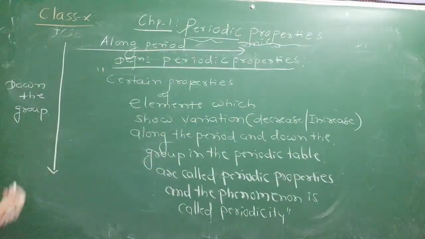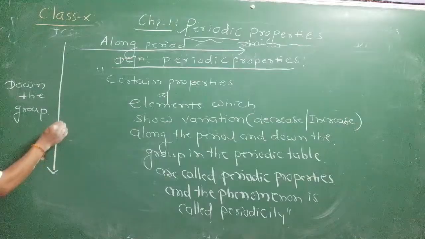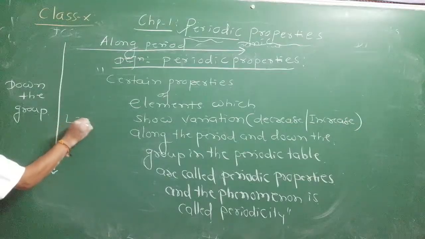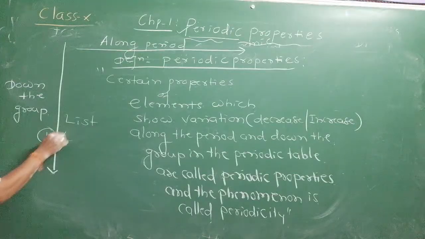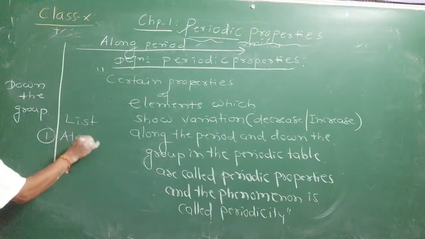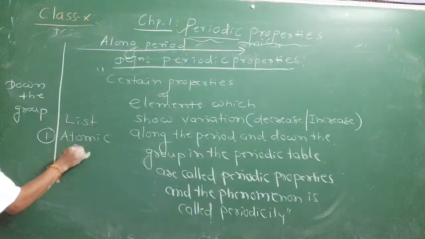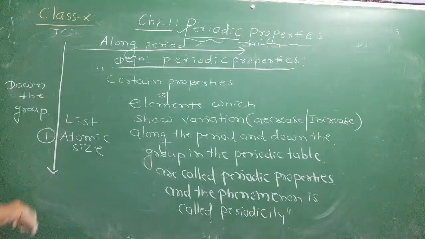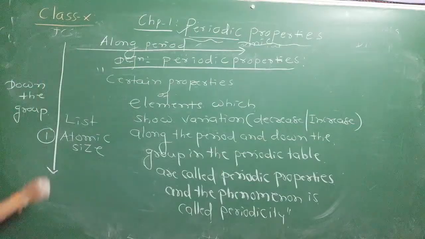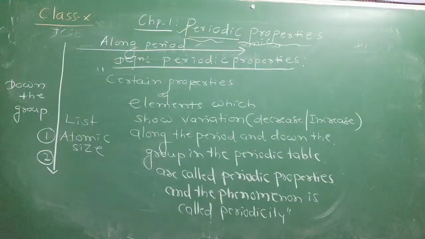Now, what are the periodic properties we are going to study? List them. The list of different periodic properties you must study: the first one is atomic size. List them today. Atomic size will vary along the period and down the group, either increasing or decreasing.